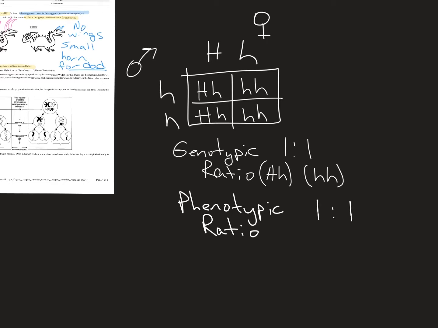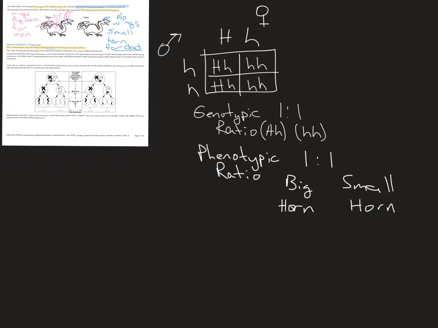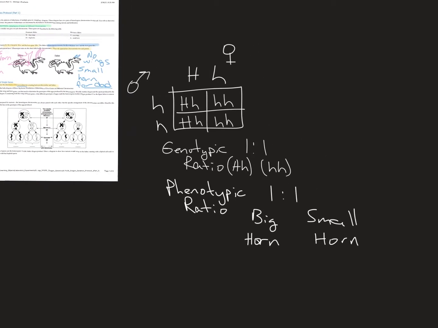It's one big horn to one small horn. It's not always the same, as we know when we looked at that big dihybrid cross earlier. But for this one gene, you can see this would be the answer to that particular question. You all agree on that? Yes.